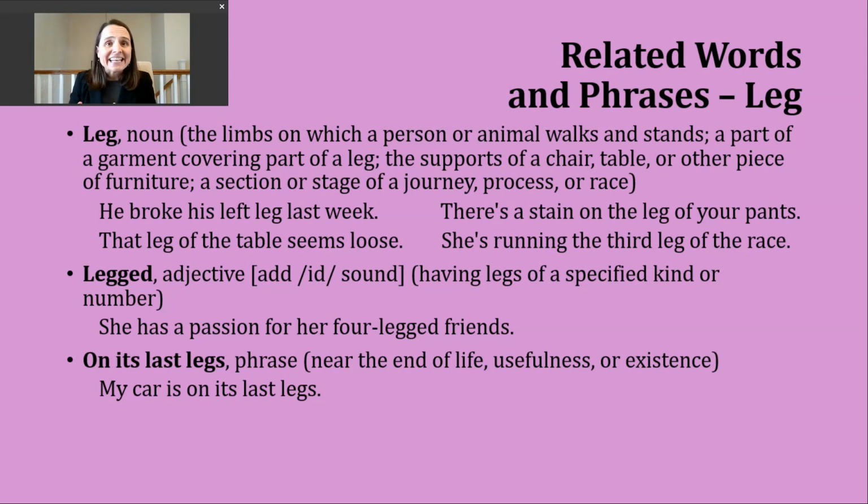So when "legged" is used as an adjective, not as the past tense form of our verb, we are referring to someone or something that has certain legs of a particular kind or type, or maybe a certain number of legs. So let me give you an example, something I hear in a number of different ways as I read and talk to people.